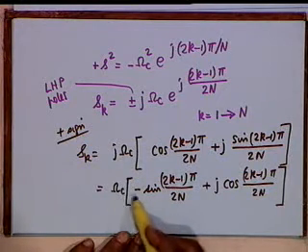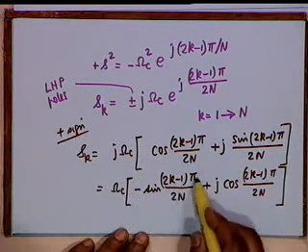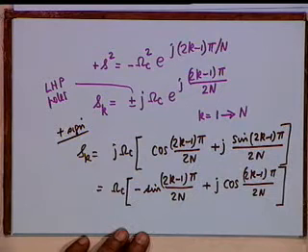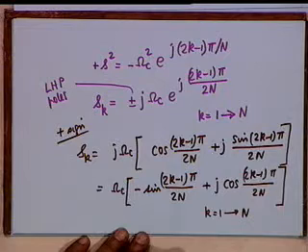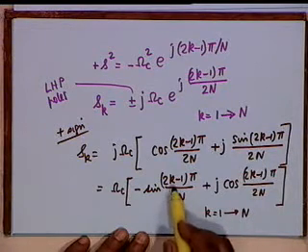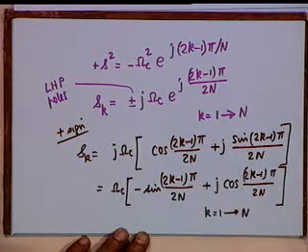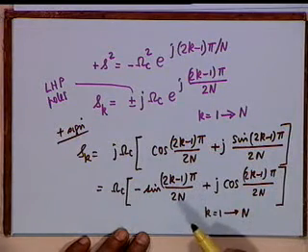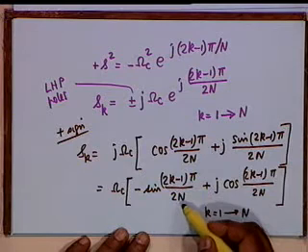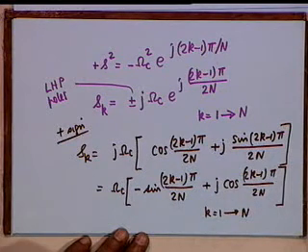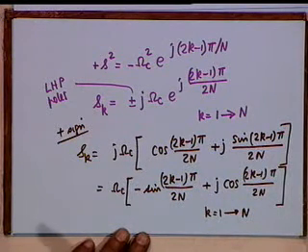The real part is at minus omega c sine of (2k minus 1) pi by 2n, and k goes from 1 to n. So if k goes from 1 to n, we start from pi by 2n and end at (2n minus 1) pi divided by 2n, that is less than pi by an angle pi by 2n.